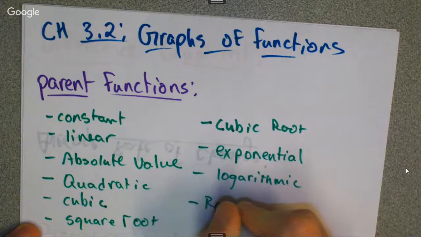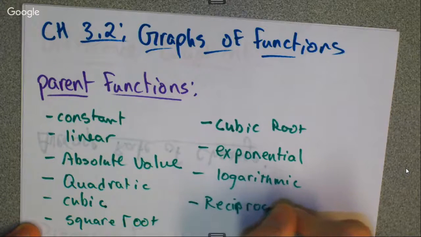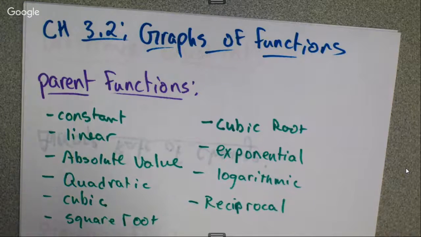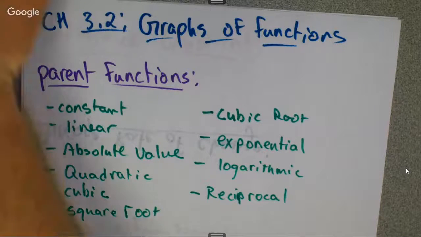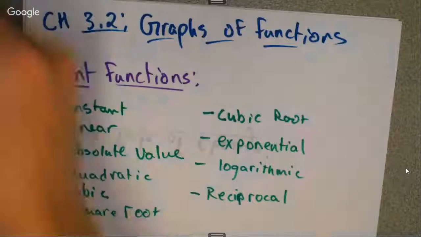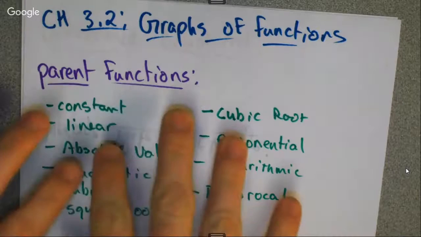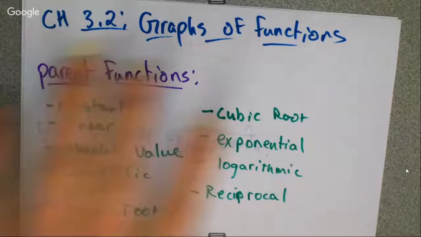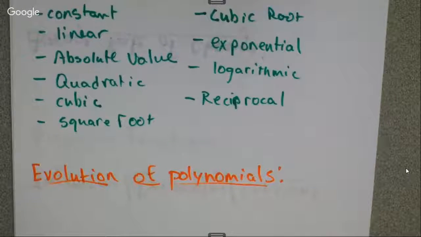Reciprocal, and maybe sine, cosine, tangent at the bottom. Okay, so those are the ones we're really going to work on. Here's that sheet. You should know what each one is, and what the basic parent function looks like. So then we take these parent functions, and then we can rearrange them or transform them into different things, which we'll get to later on.